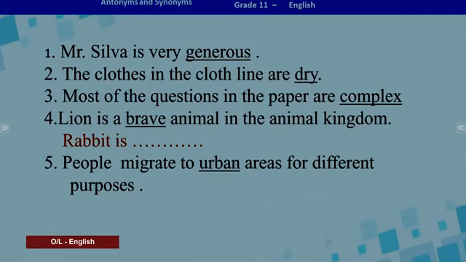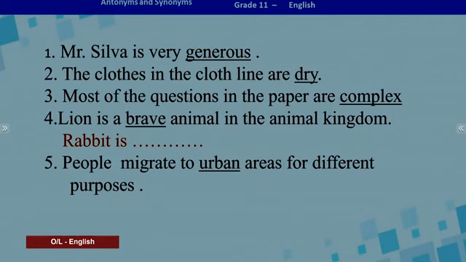Each sentence has an underlined word. The first one, Mr. Silva is very generous. In the first one, what is the underlined word? It is generous. Second one, the clothes in the cloth line are dry. The underlined word is, of course, dry.